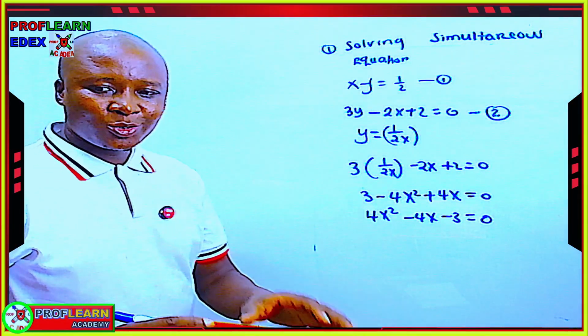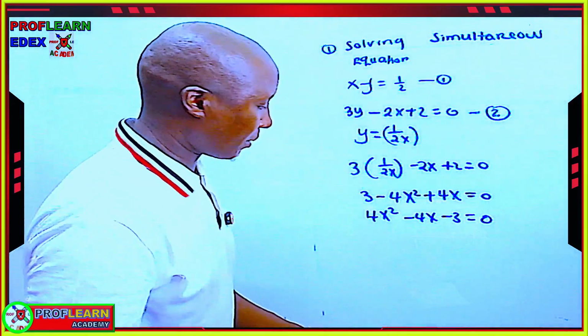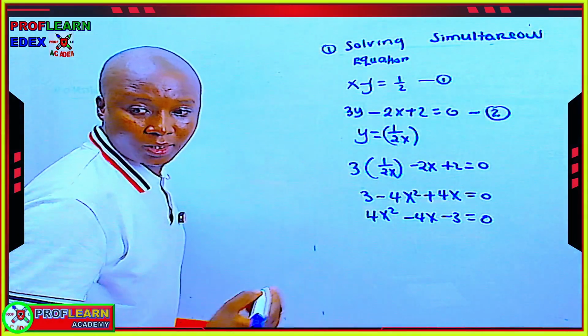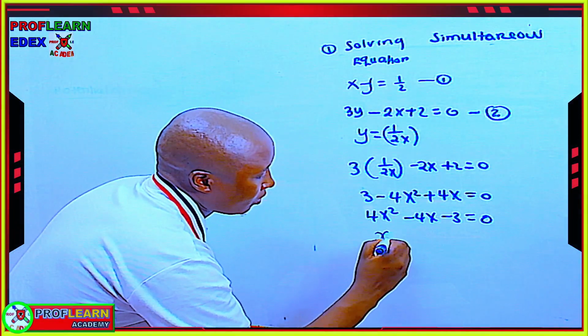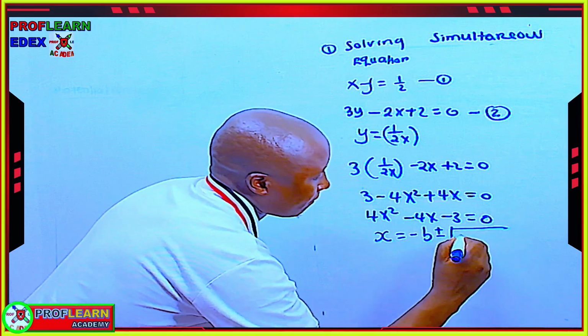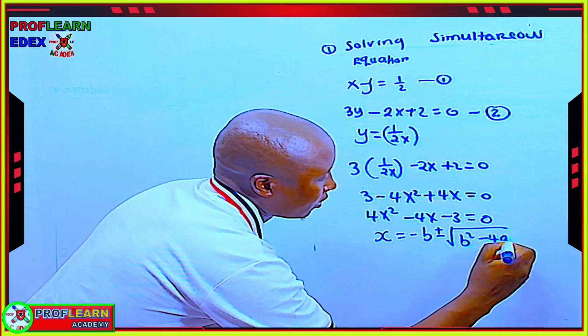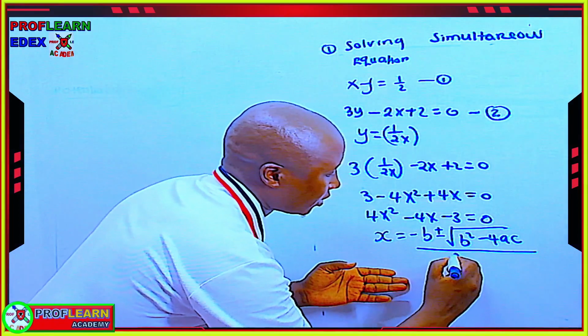Something you need to remember: you are not supposed to use a calculator here, because this is a non-calculator paper that we hope you'll be tested on. We are going to use the formula x = (-b plus or minus the square root of b squared minus 4ac) over 2a. You need to know how to use this formula.